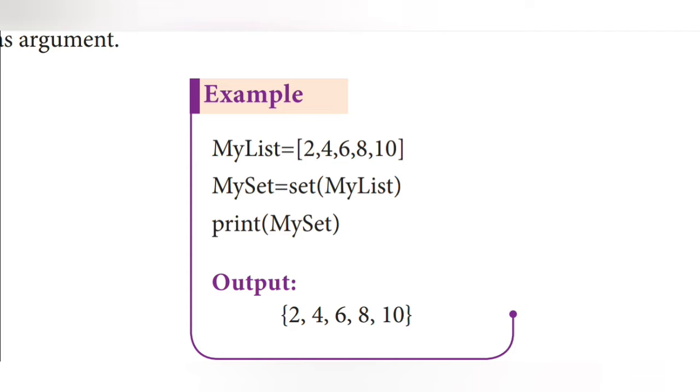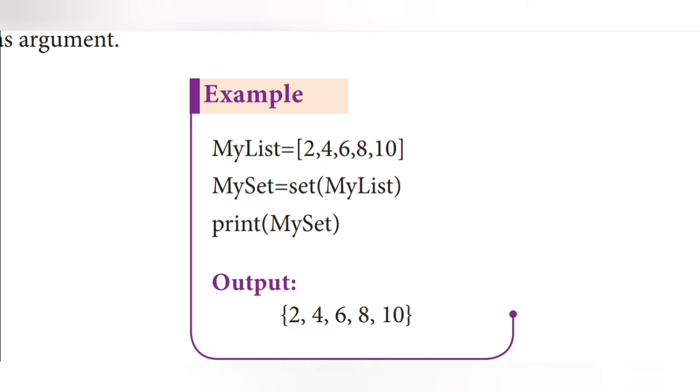Here set is the built-in function, which is going to create a set from the list. So set within brackets my_list, where my_list is the list variable name. This set function converts the list values into set values. So print my_set.